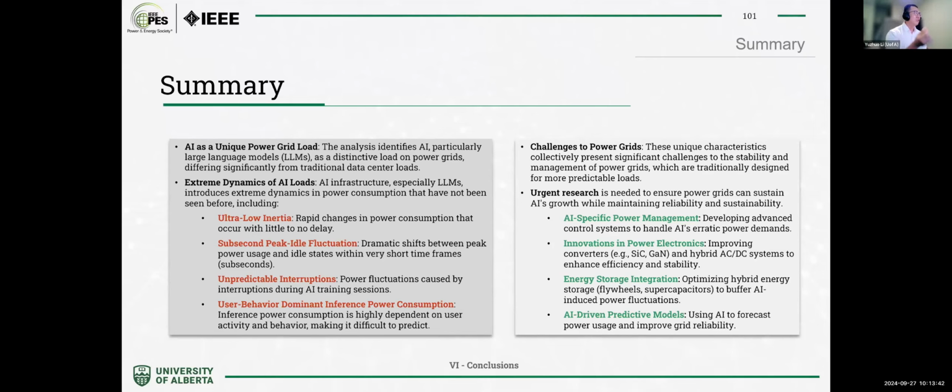It has ultra low inertia, subsequent peak idle fluctuation, some unpredictable interruptions, and it can also involve user behavior. So the challenge is big, and we feel there's an urgent need to do more research on this topic. I already covered a lot of the different topics, so you are welcome to ask any questions. We will try our best to answer those questions.